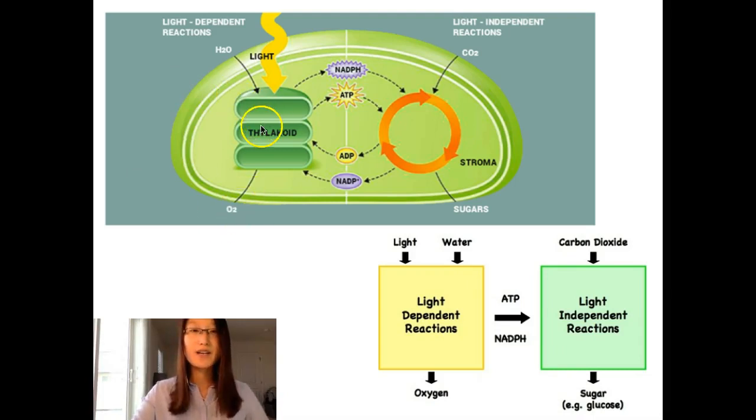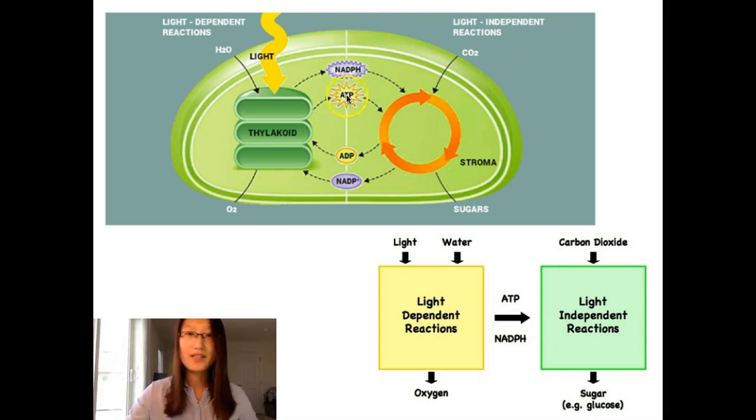But the light-dependent reaction also produces just a few molecules of ATP, to fuel this other light-independent reaction. This is not the same amount of ATP as you would produce during cellular respiration. And we also produce NADPH. Again, NADPH has a hydrogen, but most importantly, it has 2 high-energy electrons.